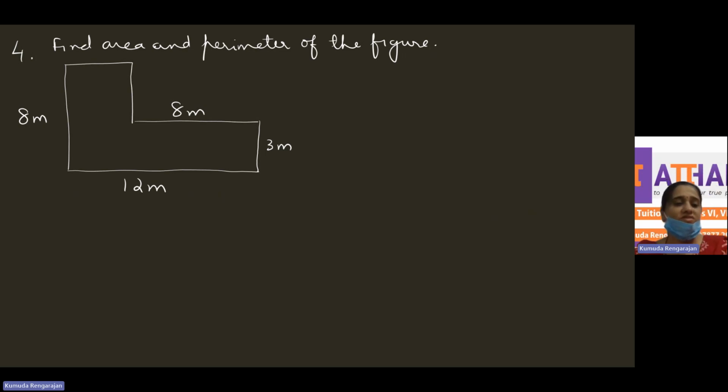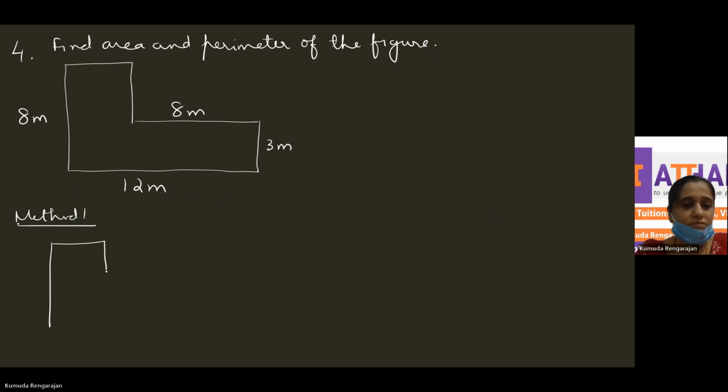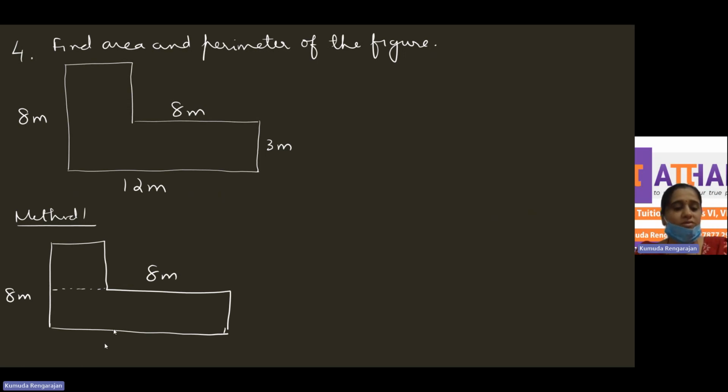This is method one. Show this in dotted lines, children. I said I'll do it in two ways. This is the first method.